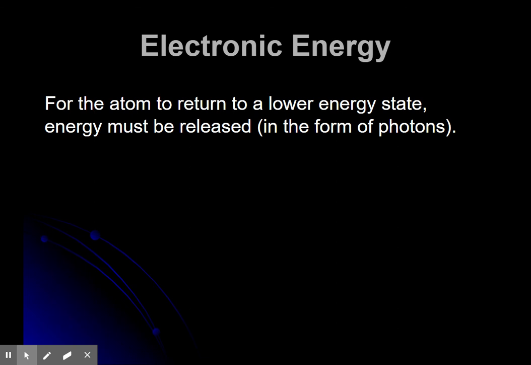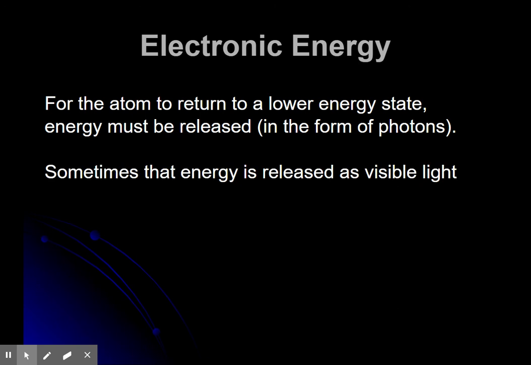An atom absorbs energy, moves to an excited state, but it can't stay there very long. And so for it to return to a lower energy state, it has to release some energy. And that energy is in the form of photons, so wave-like behavior. Since it is waves, it has a wavelength, and sometimes that wavelength is within our visible spectrum, and we can see that energy that's being released.